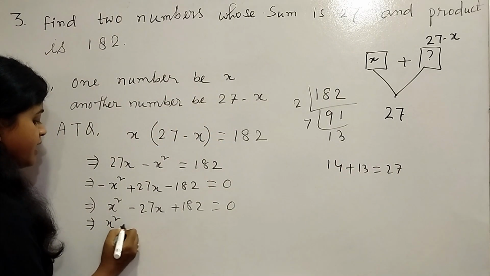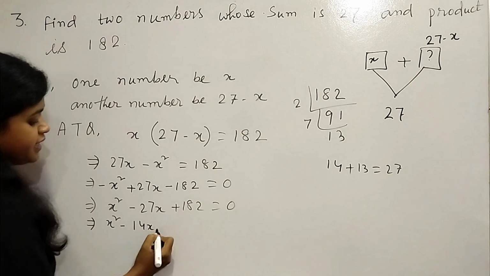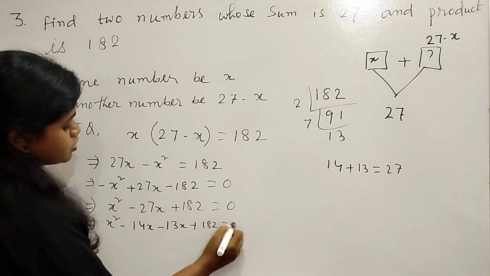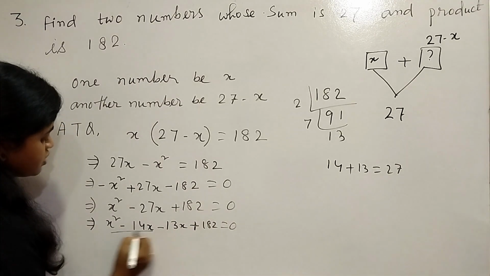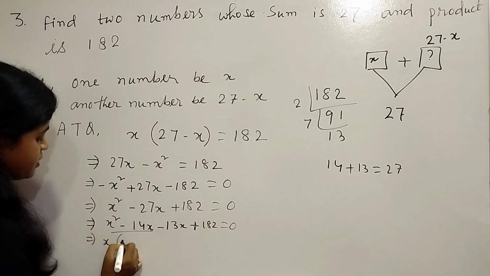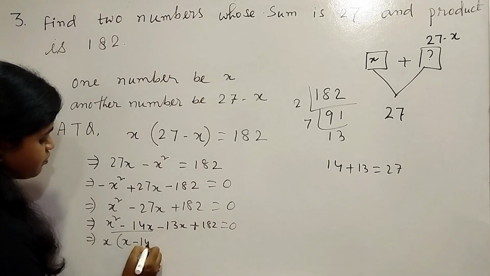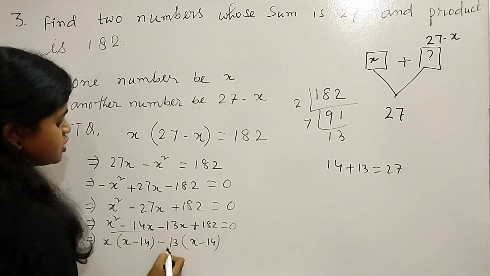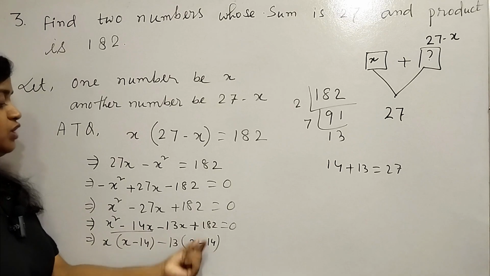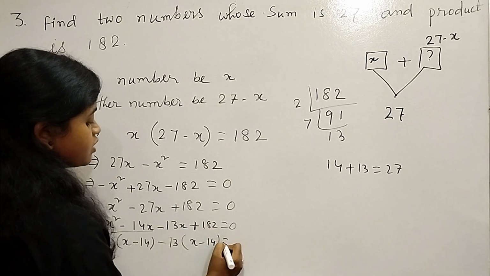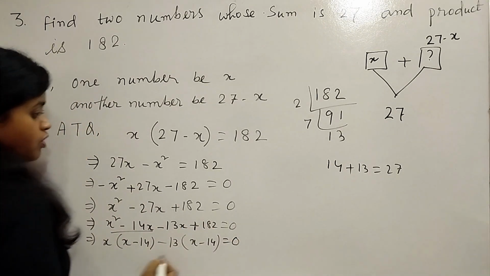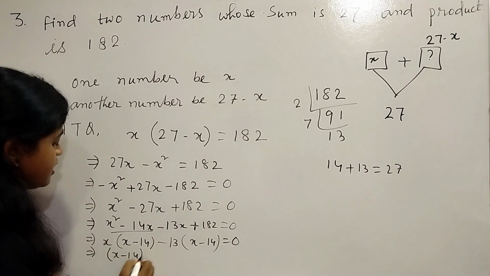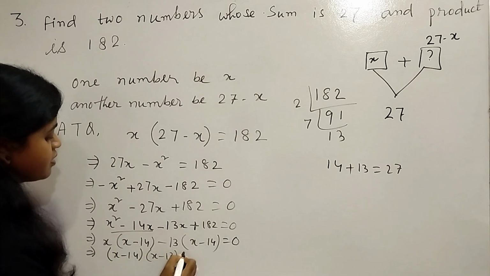So x square minus 14x minus 13x plus 182 equals 0. From these two terms, we get x as a common factor, so the remaining is x minus 14, and 13 as a common factor from the other two, so we get x minus 14, because if we multiply 13 into 14, we will get 182, equals 0. From this we get the factors x minus 14 into x minus 13 equals 0.